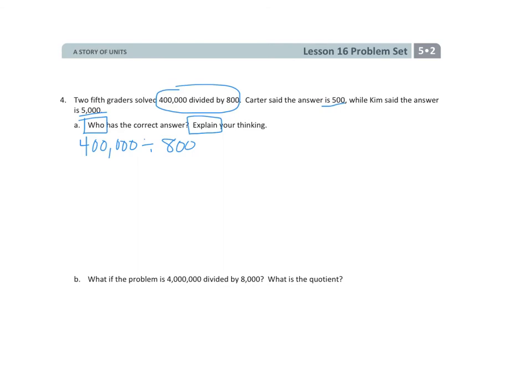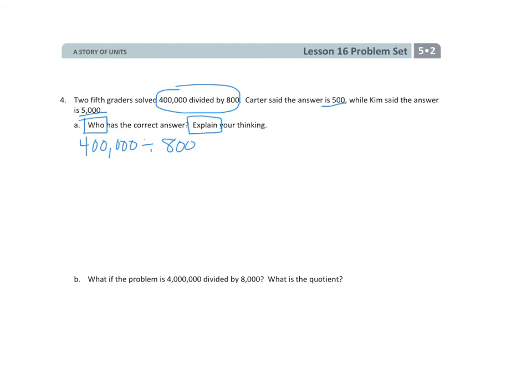Now, we're going to look for basic math facts, and here's what kids normally do. They'll say, oh, 4 and 8 are basic math facts because 4 divided by 8 is 2. In their mind, they're actually thinking 8 divided by 4 is 2, which is correct. But this is saying 4 divided by 8 is 2, and you can't do that.